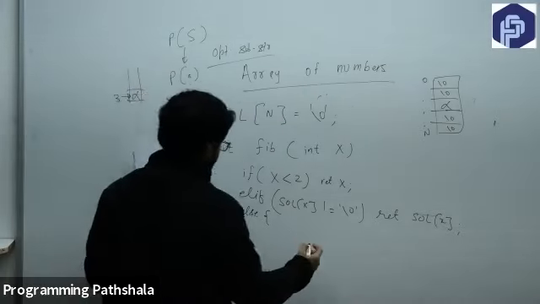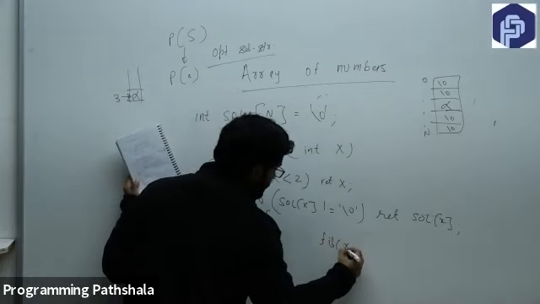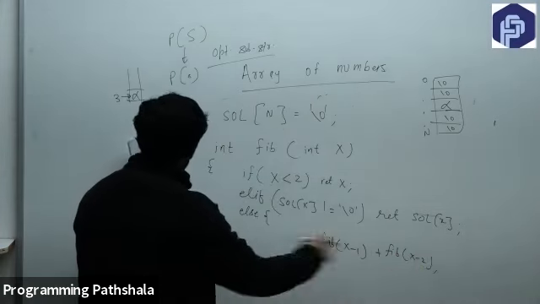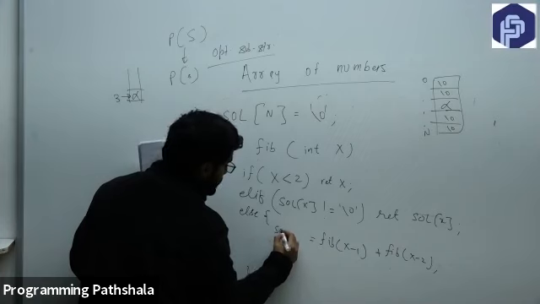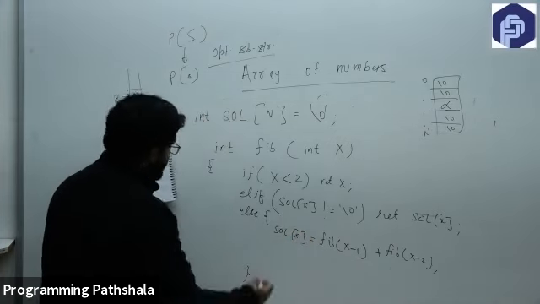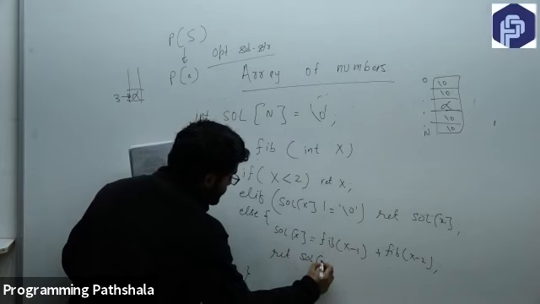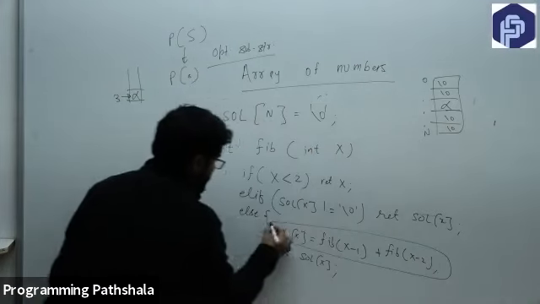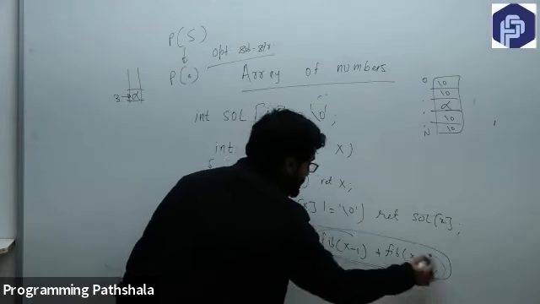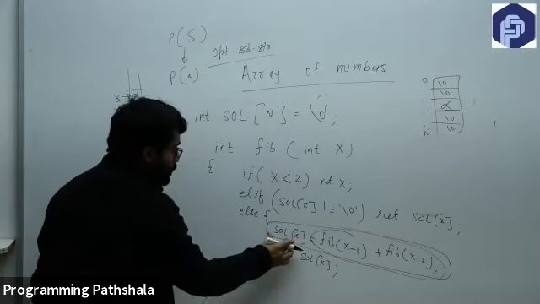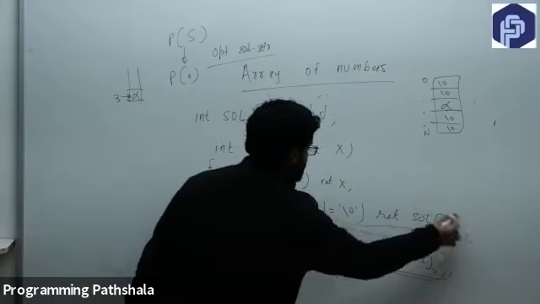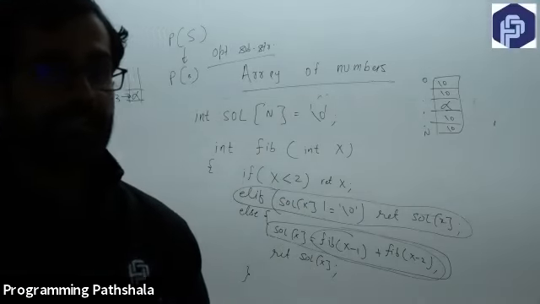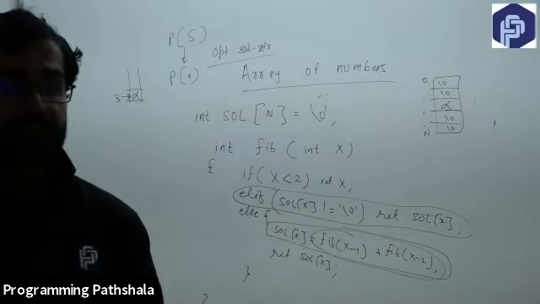So I call Fibonacci of x minus 1 plus Fibonacci of x minus 2, and whatever value comes out from here, I map that to solution of x, and then I return solution of x. Okay. Guys, this is really important: if you have not solved, then don't just solve, but also store it, because until you store it, it cannot be reused. Is that clear what I just said? Just say yes, those of you who are clear with this.